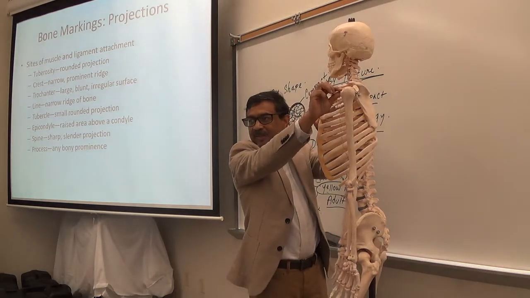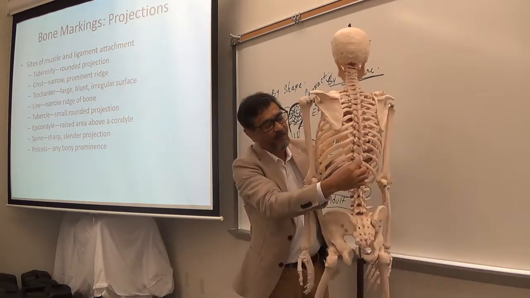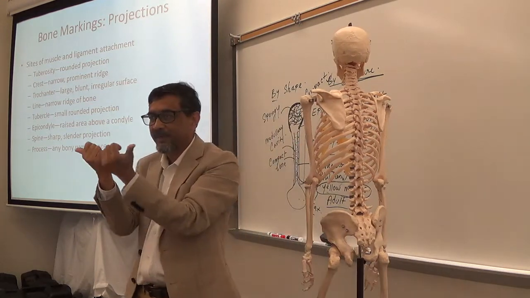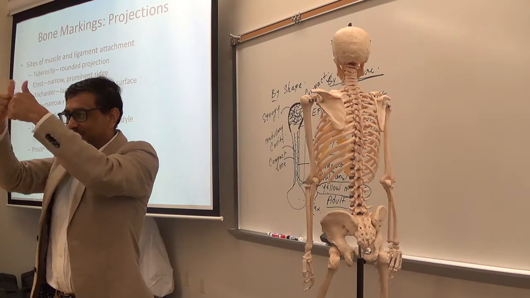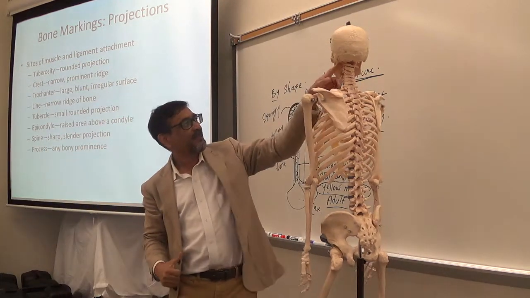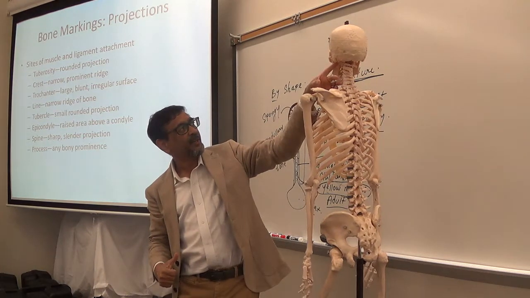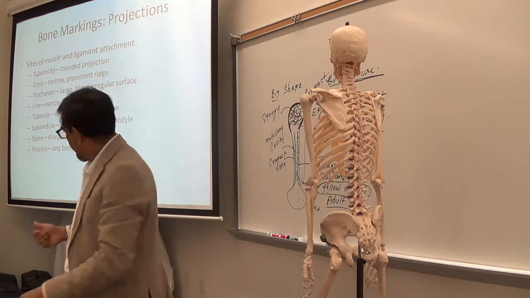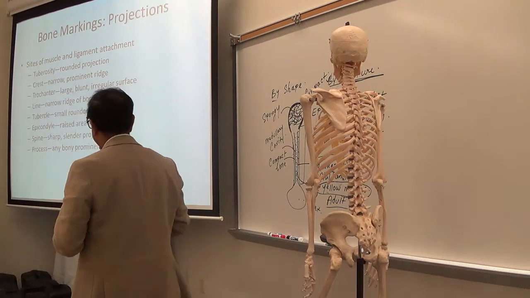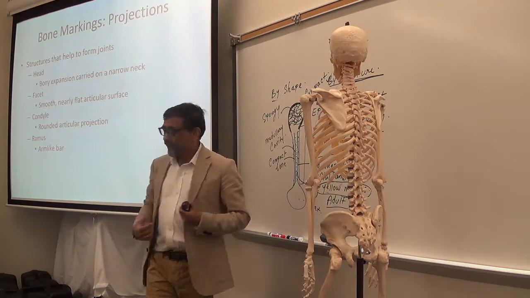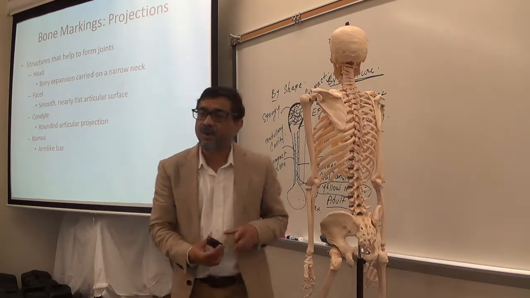Make sense? Spinous process again, transverse processes from the vertebrae, right? Superior articular processes, inferior articular processes. This is the styloid process, very sharp and pointed, right? So processes are any bony prominence. Those are for the attachment of the muscles or ligaments.